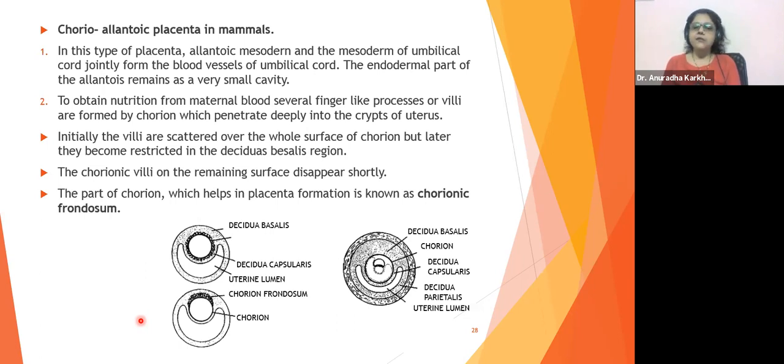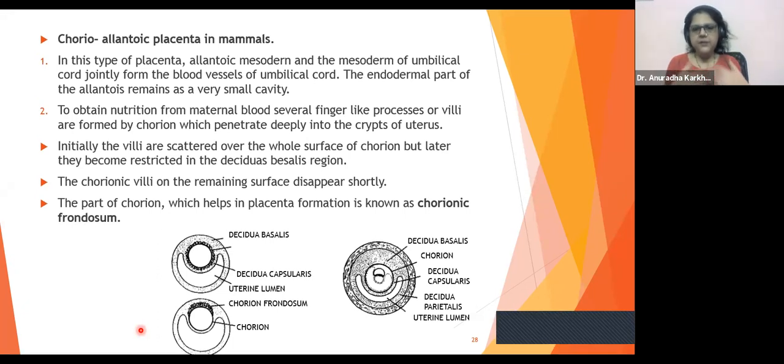In this type of placenta, allantoic mesoderm and the mesoderm of the umbilical cord jointly form the blood vessels of the umbilical cord. So you know that allantois is going to have mesoderm. So the mesoderm of the allantois and the mesoderm of the umbilical cord make up a part of the placenta.